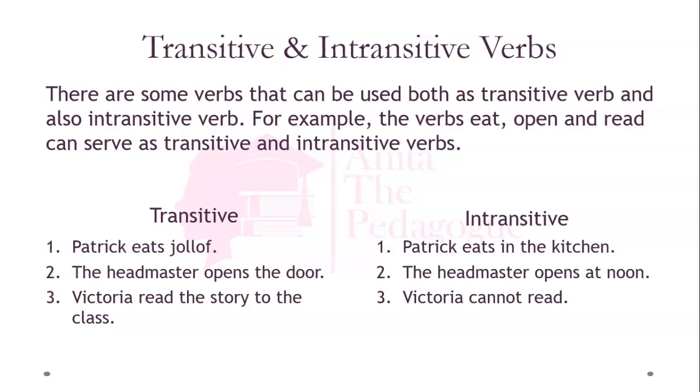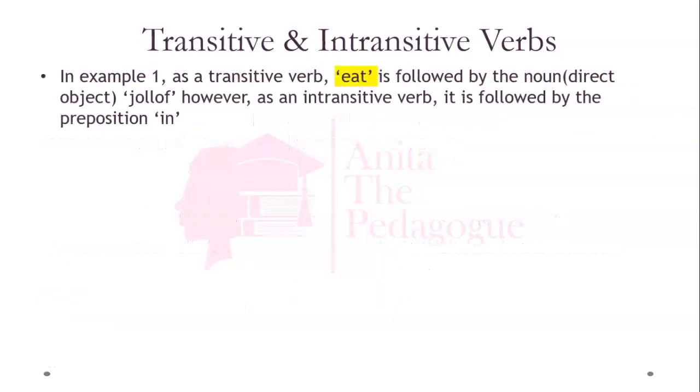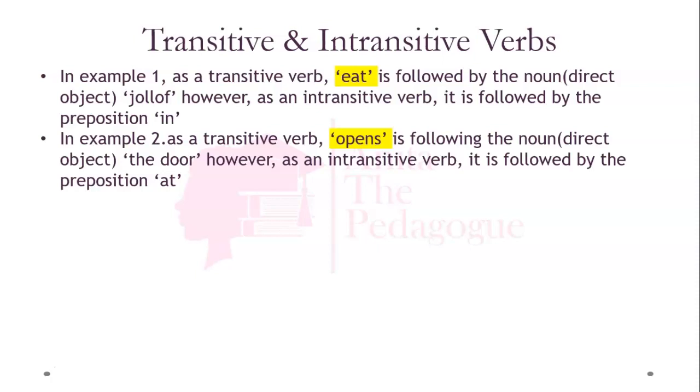So let us look at a more summarized form of this chart in our next slide. In example 1, as a transitive verb, it is followed by the direct object jollof. However, as an intransitive verb, it is followed by the preposition in. And in our second example, as a transitive verb, opens is followed by a noun or the direct object, the door.